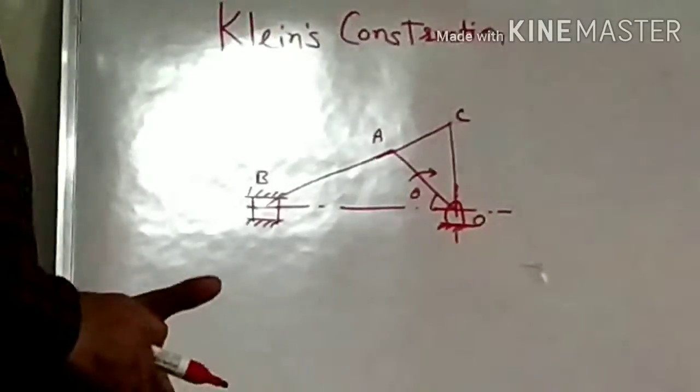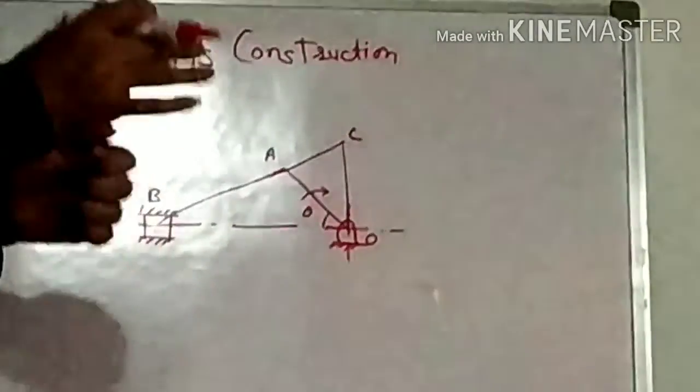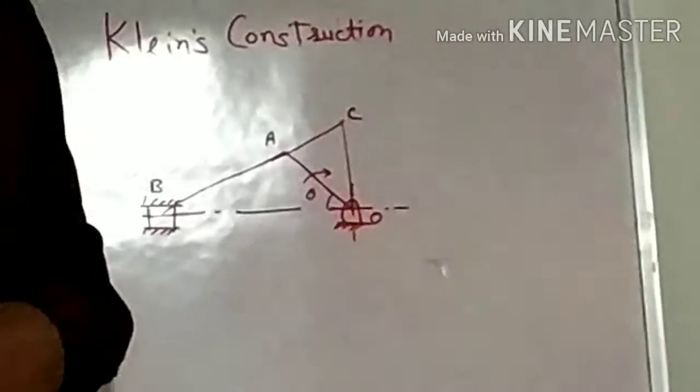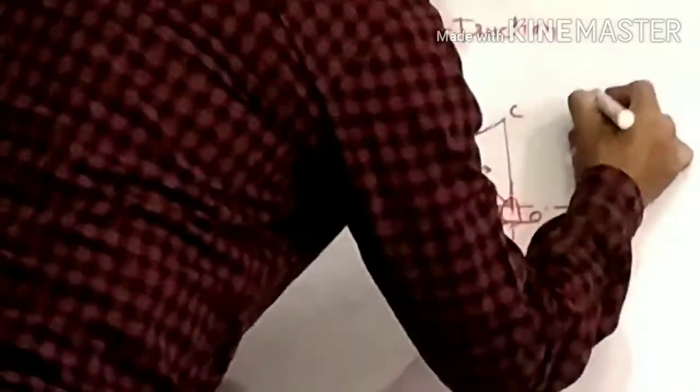Now the next important question is how to determine the velocities by using this diagram. We know that by using the relative velocity method, first we have to find the velocity of A with respect to O, that is the angular velocity of link OA multiplied by the length of link OA.